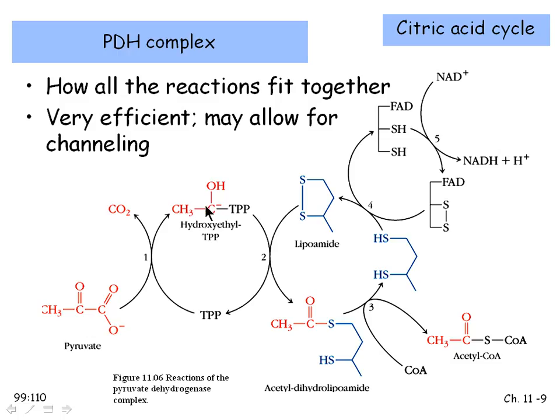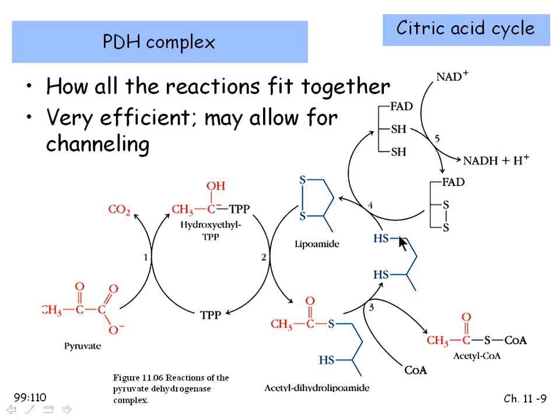The hydroxyethyl moiety has to be oxidized, and that'll be accomplished with lipoamide. And now it's covalently attached to the lipoamide, but that frees up the thiamine for another round. The lipoamide can transfer that acetyl group to an incoming CoA to release acetyl-CoA.